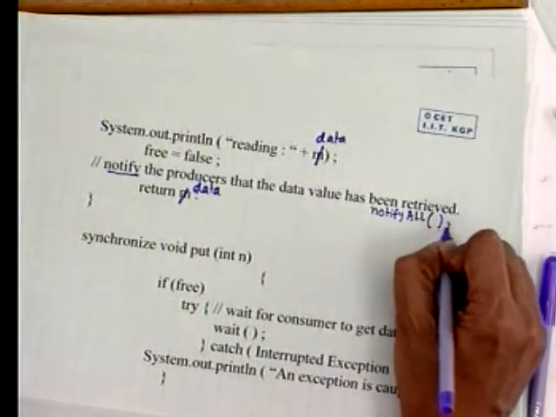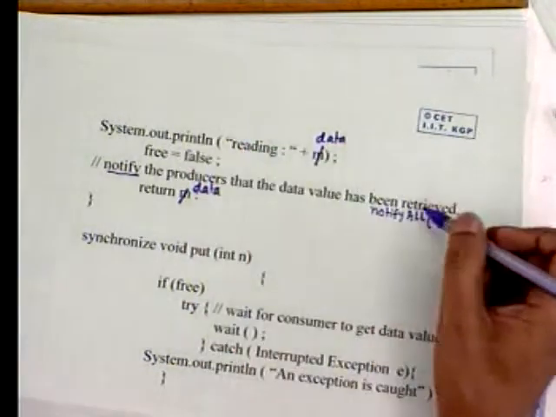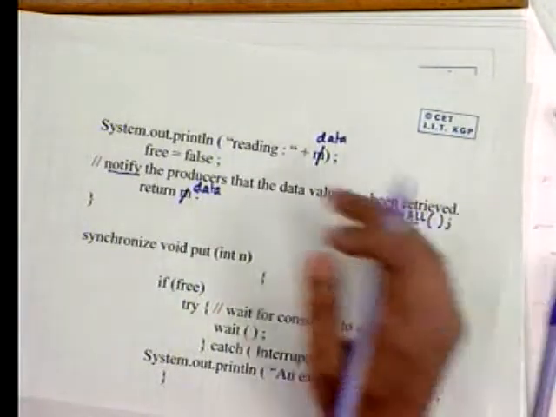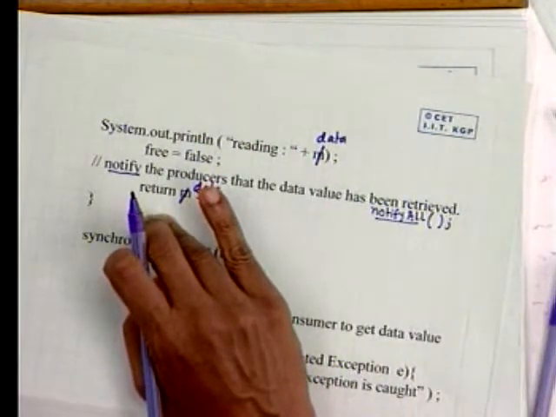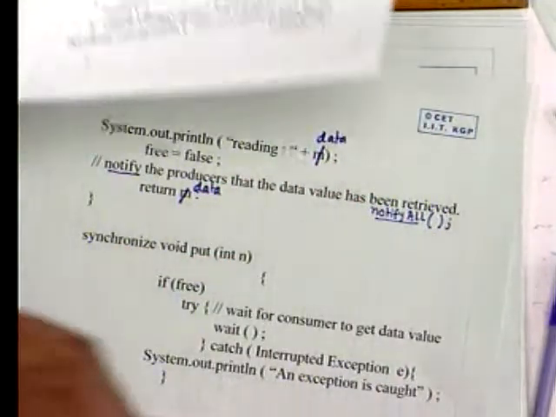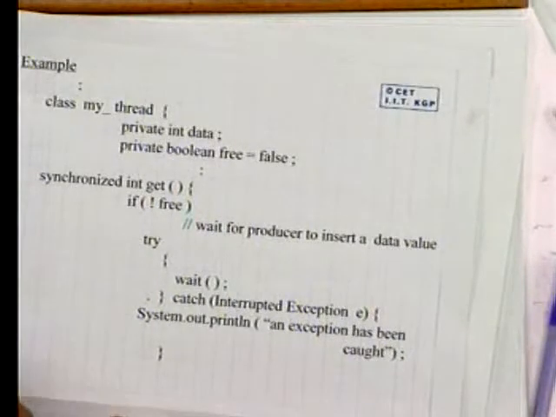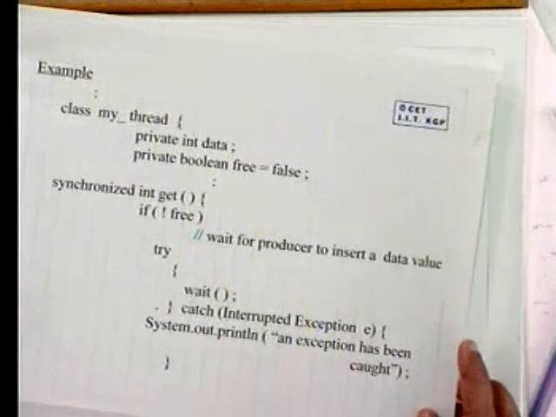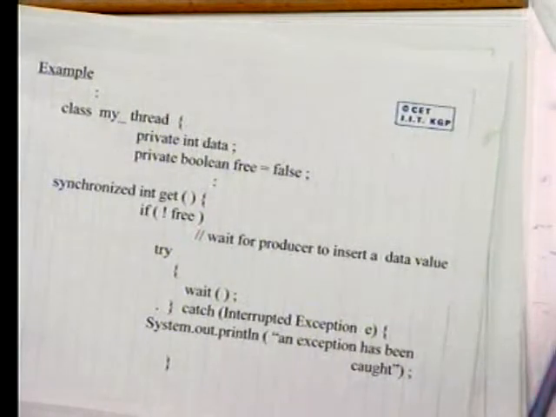Until this statement is executed by the producer, no consumer can access it, and after that, when the producer finishes execution, the consumer can access it. This is the way we can enforce synchronization with the help of synchronized methods.